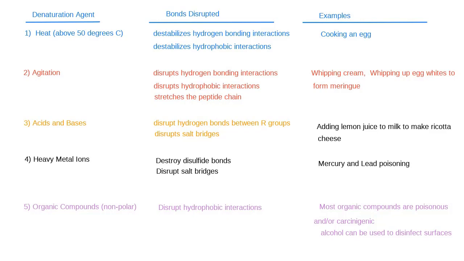Well, because it causes the denaturation of the proteins that the bacteria rely on, and that kills bacteria because it messes with the hydrophobic interactions of the proteins that they rely upon to function and survive. So those are the 5 different ways to mess up a protein, basically. What bonds they mess up, and some examples.